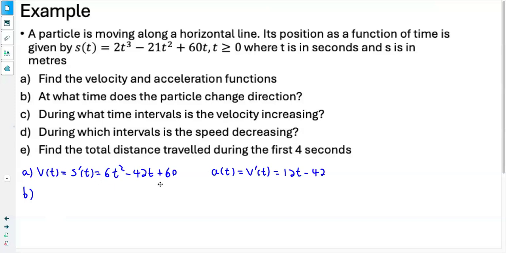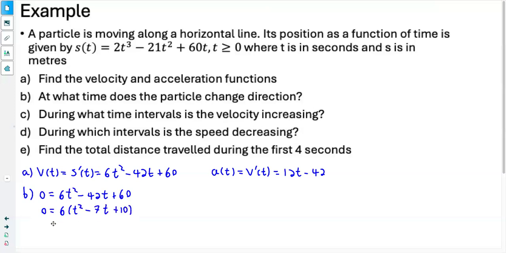So we want to make this equal to 0. So we've got 0 is equal to 6t squared minus 42t plus 60. Now we're going to take the 6 out because everything here is a multiple of 6. So we've got 6 times t squared minus 7t plus 10.